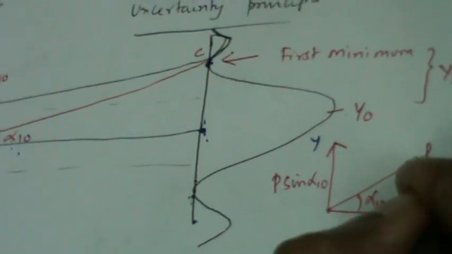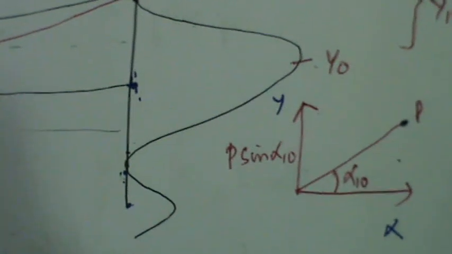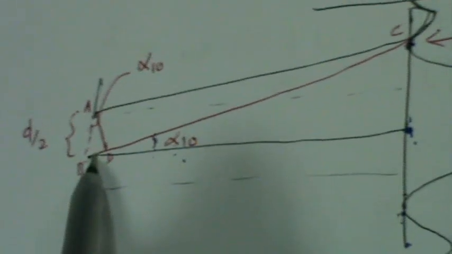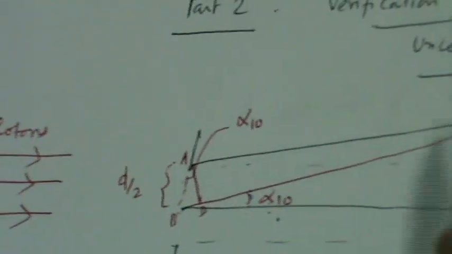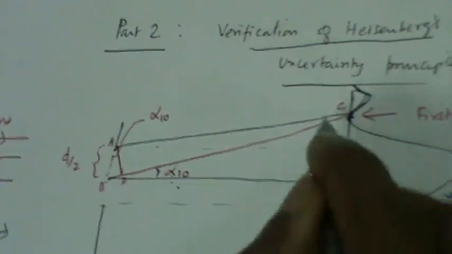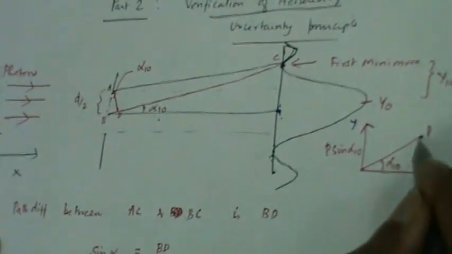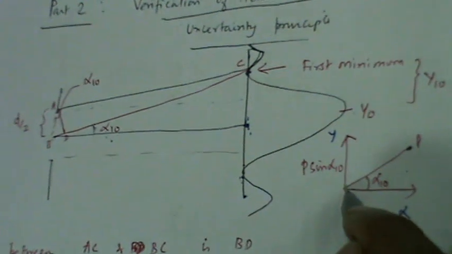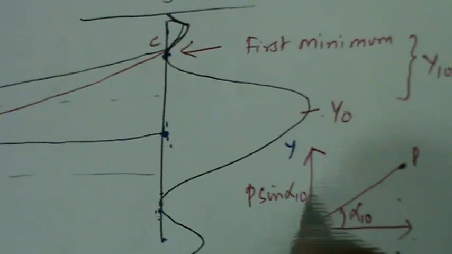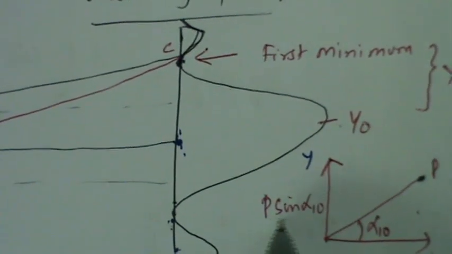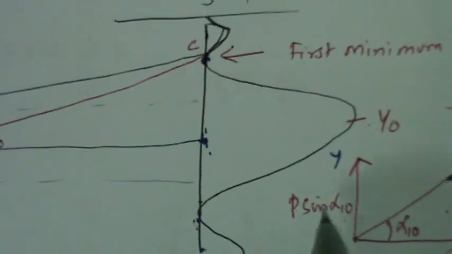If p is the momentum of the waves which come out of the slit at this point C, this can be resolved into two components, and we are interested in the y component, which can be written as p sin alpha 10.